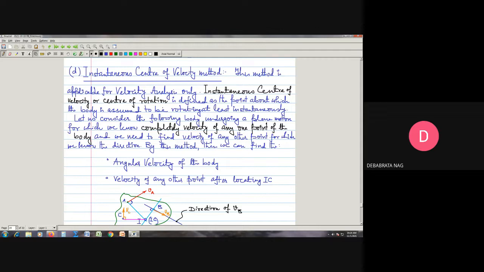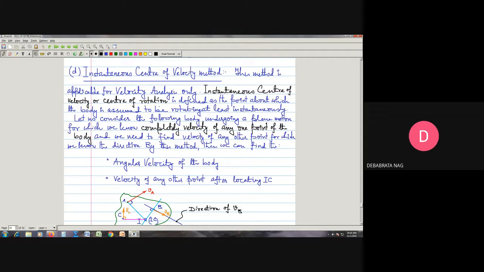Obviously, when a rigid body is executing a translational motion, there is no chance of finding the instantaneous center of velocity. In fact, for such translational motion, the instantaneous center will be located at an infinite distance away. So that will be of no use for us.